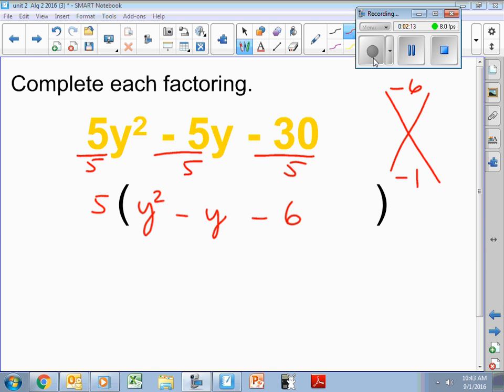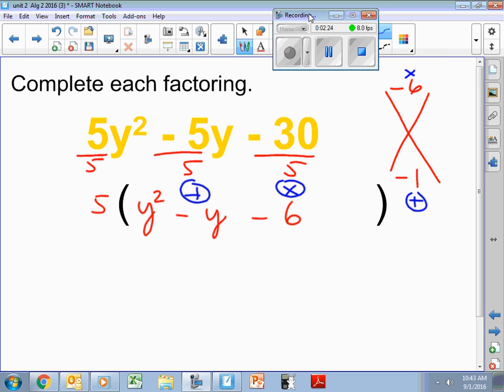The -1 is the middle term. What are two numbers that when you multiply them give you a -6, but when you add them, give you a -1? Hey, what are those two numbers? -3 and 2. -3 times 2 gives you -6. -3 plus 2 gives you -1.